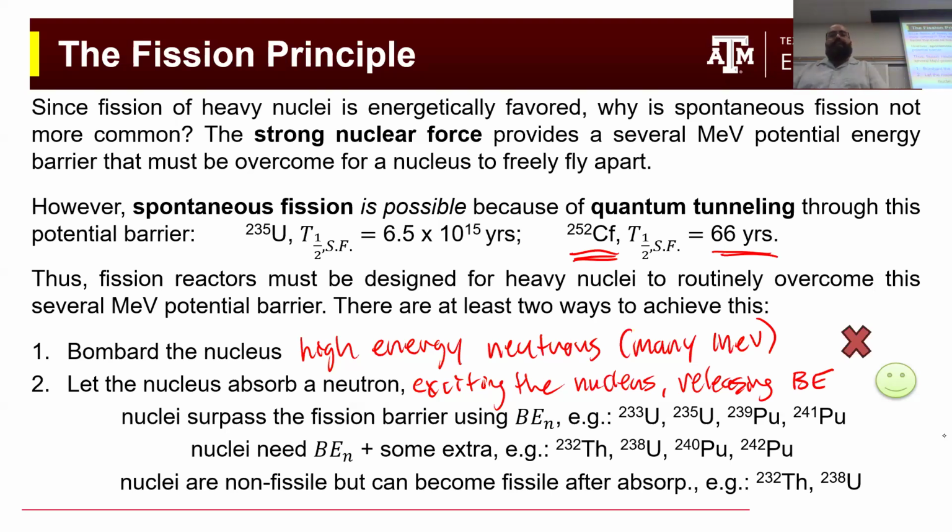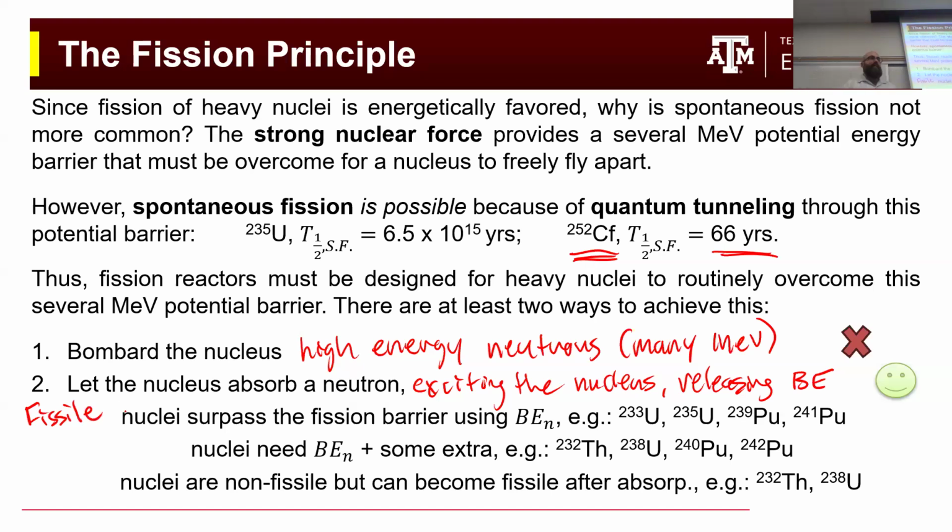And there's a couple different kinds of characterizations of nuclei in terms of whether they are going to fission or do something else. Nuclei that can surpass that fission barrier just using binding energy are the nuclei that we normally think of as fissile. So this is what it means for a nucleus to be fissile.